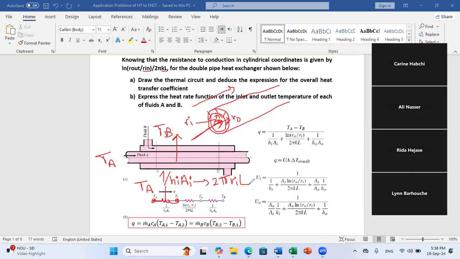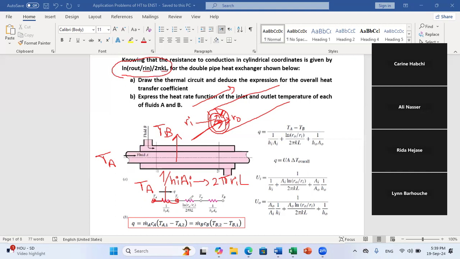Now, next step, heat is conducted through the tube material, which is a solid. So we need to consider now the resistance to conduction. And they gave us the expression. You are not supposed, of course, to know these formulas. I will give you the formulas, you just have to apply them. So it's unlike the plane wall. In the plane wall, the resistance to conduction was L over K A. However, in the case of cylindrical coordinates, it's logarithmic.